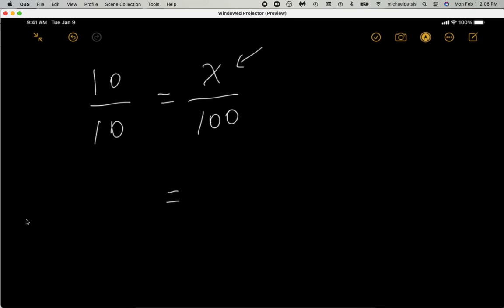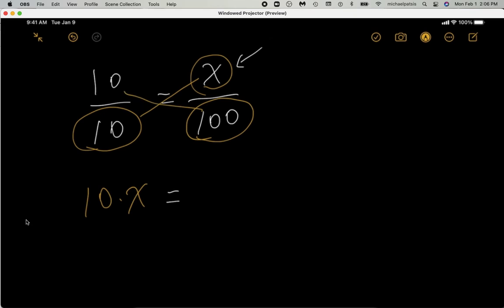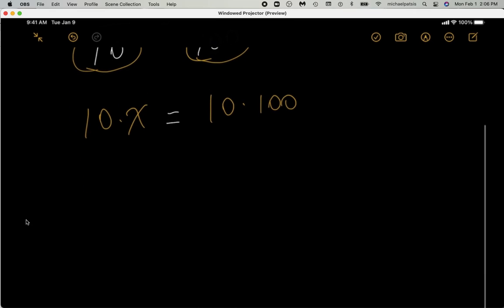Next step, we take this and we multiply it by that, 10x. Step 2, take this and multiply it by that. Okay, now we simplify. We have 10x equals 1,000. How did I get 1,000 here?